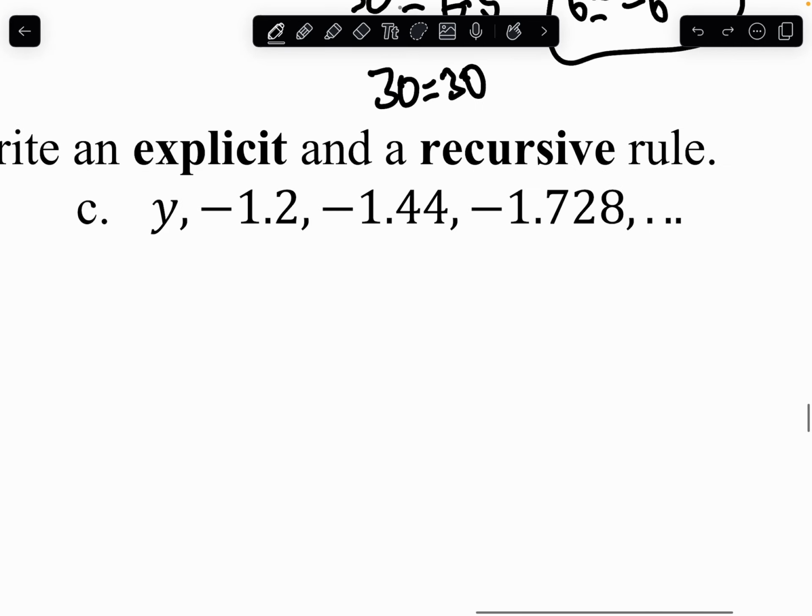Alright, next one. Oh, sorry. Alright. It's gonna be multiplying every time, so it's getting slightly bigger.